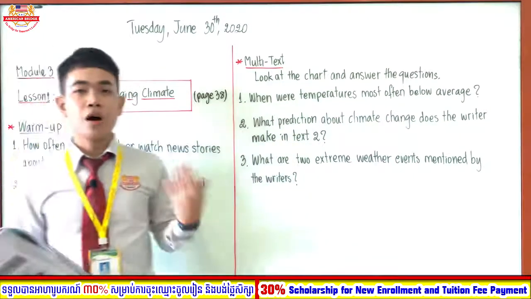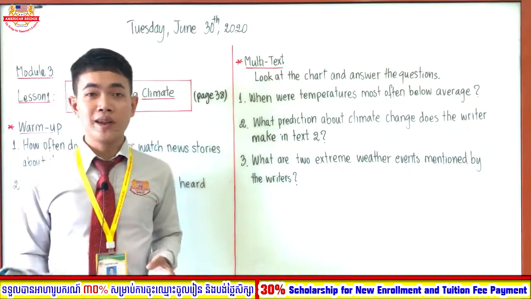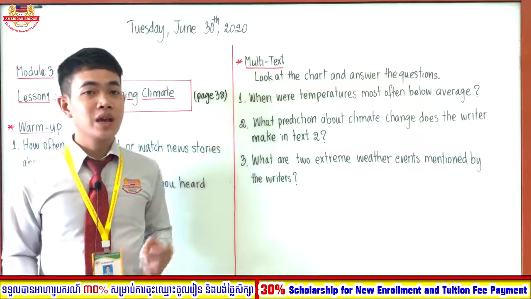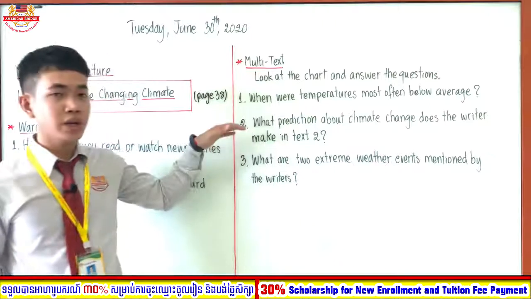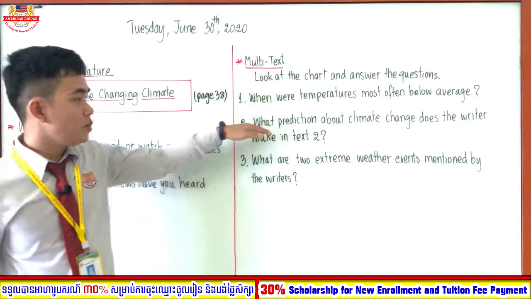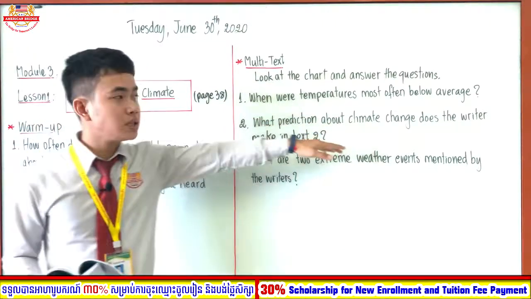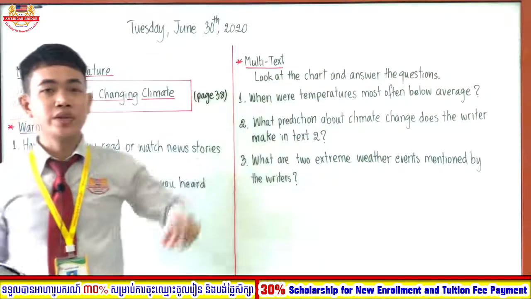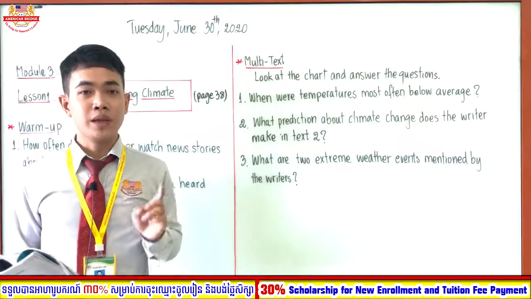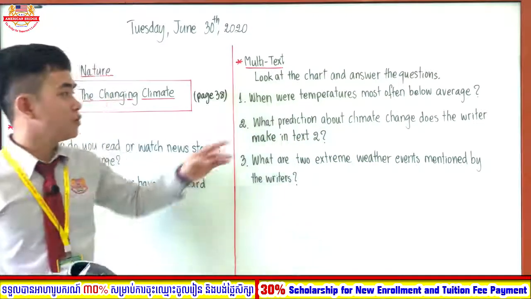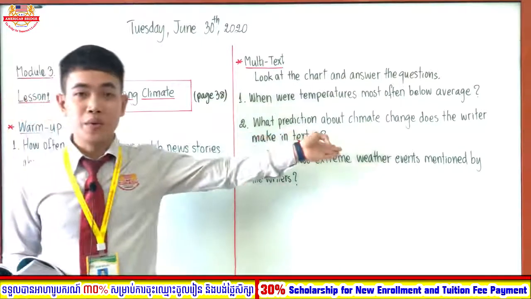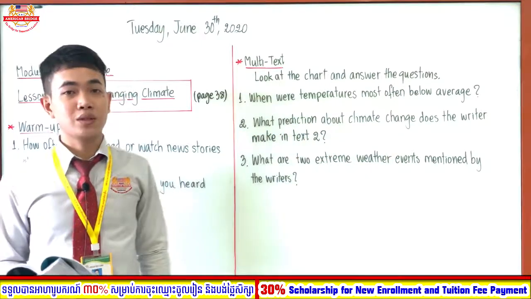So we have talked and discussed our text already, right? Now let's take time to answer our two questions. The second question is, what prediction about climate change does the writer make in text 2? If you are on page 38, you can read our text 2 again to answer this question.